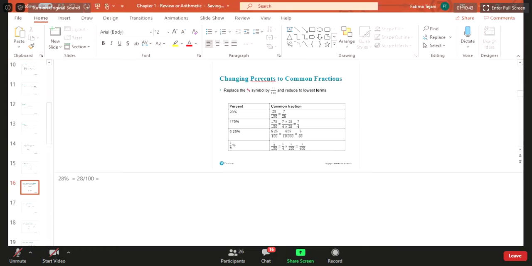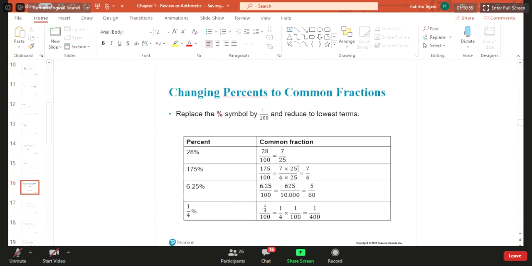If you're not sure about the highest number, start with 2 and 3. So 4. 4 sevens are 28, 4 twos are 8, and 4 fives are 20, so 7 divided by 25. So that's the way it is. See, 7 divided by 25.